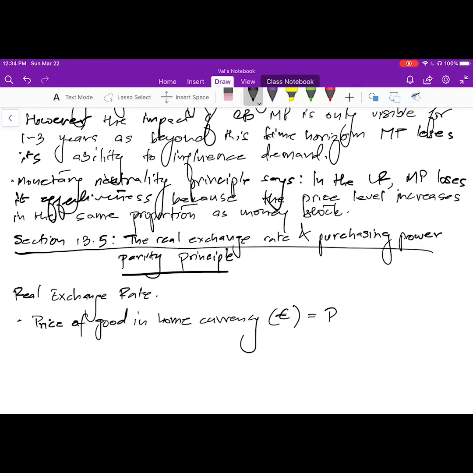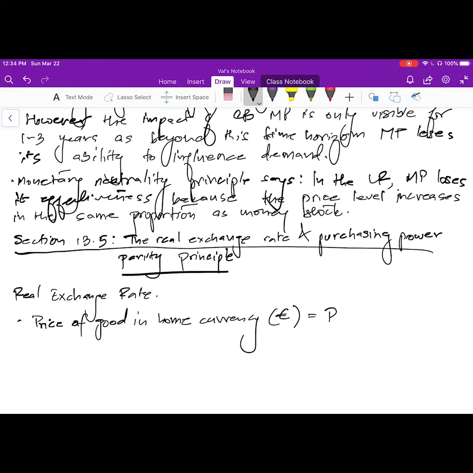If you want to compare this price to the price of a foreign good, P star, in foreign currency, once again we're comparing the price of the same good in two different countries. In foreign currency, say in dollars, it's P star dollars.